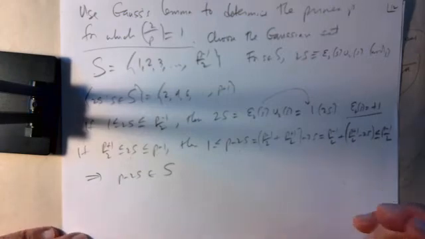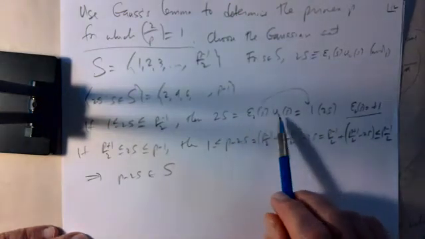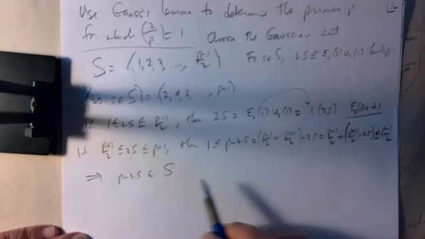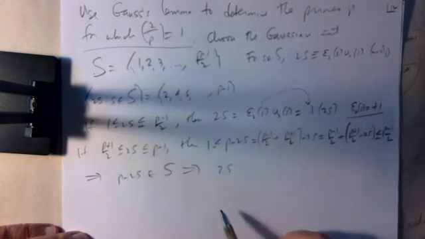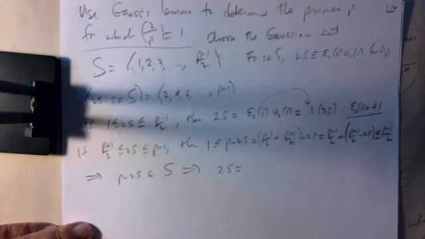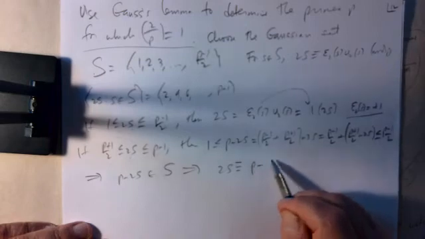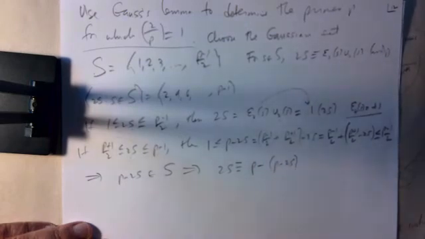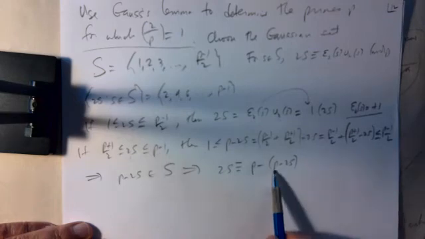So let's see. I want to write 2s as plus or minus 1 times something in S. So 2s is congruent to 2s minus p, right? Because p is 0 mod p.